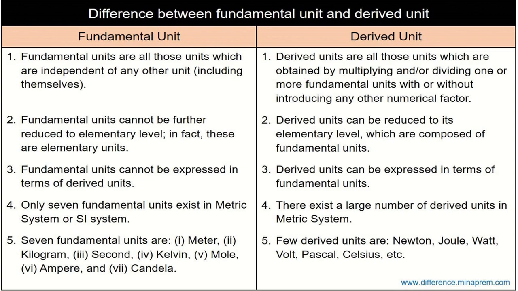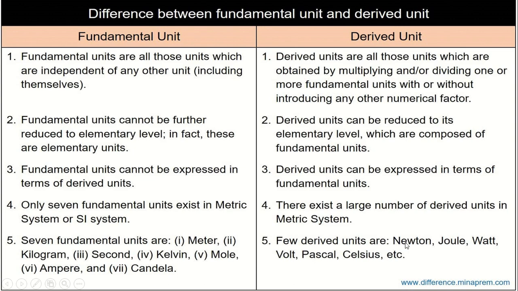There are only 7 fundamental units in metric system or SI system. SI system means System International. I think you have learned it from the science book of your class 5. And there exists a large number of derived units in metric system. And 7 fundamental units, you know, meter, kilogram, second, Kelvin, mole, ampere, candela.